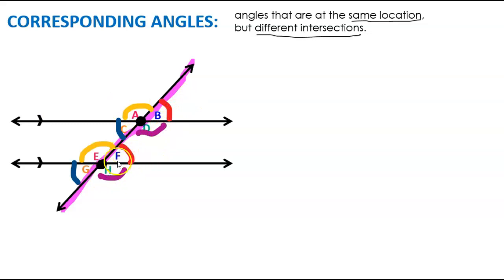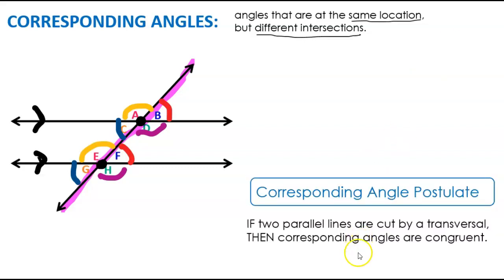Now, something really special about corresponding angles, okay? Sometimes, like I said earlier, these lines will be parallel and sometimes they won't. So this right here, those are parallel. They have them labeled. If our lines are parallel, so the lines that are being cut, then our corresponding angles are congruent.